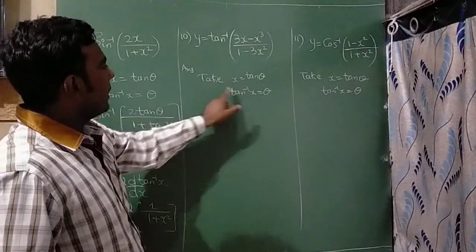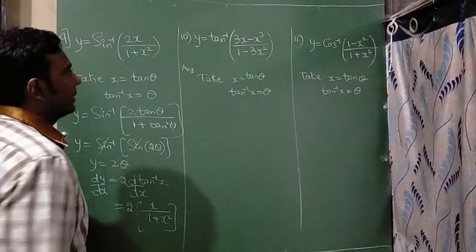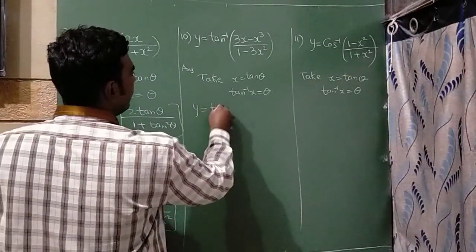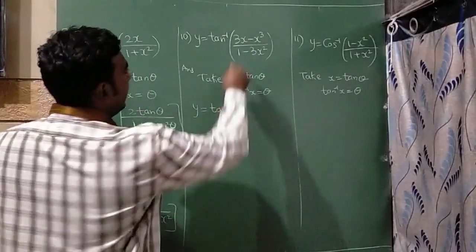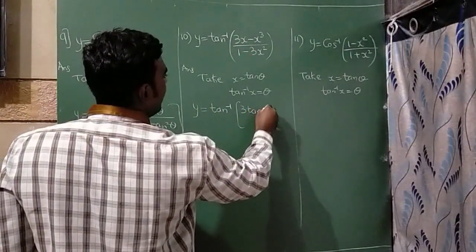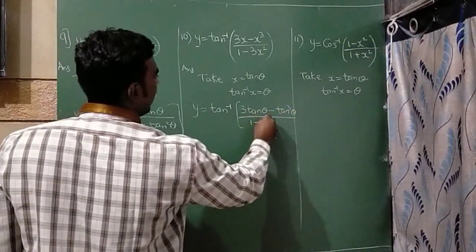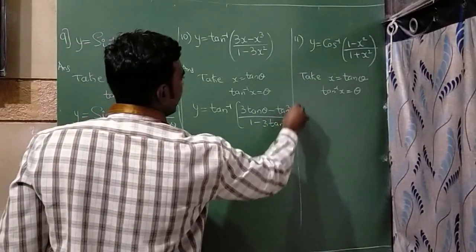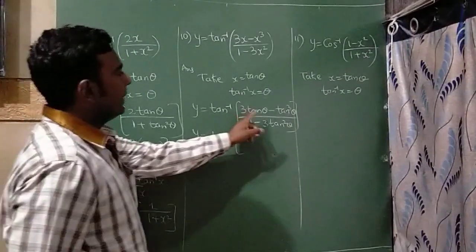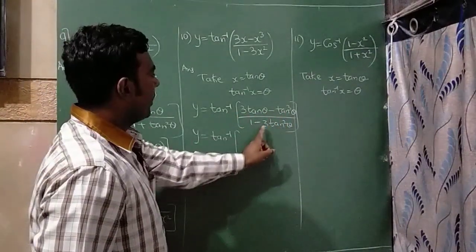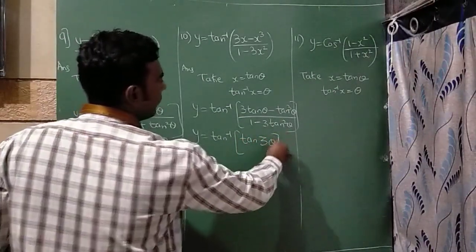When this tan theta comes to the left hand side, it will become tan inverse of x is equal to theta. So here y is equal to tan inverse of 3, in place of x I am going to substitute tan theta minus tan cube theta, 1 minus 3 tan square theta. Okay, so here 3 tan theta minus tan cube theta divided by 1 minus 3 tan square theta means it is tan 3 theta formula.